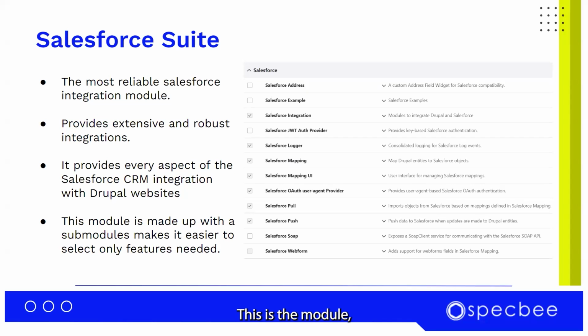This is the most reliable and most used module when it comes to Salesforce integration. And this does not come as a single module. It comes with 9 to 10 different sub modules, where every module has its own functionalities.